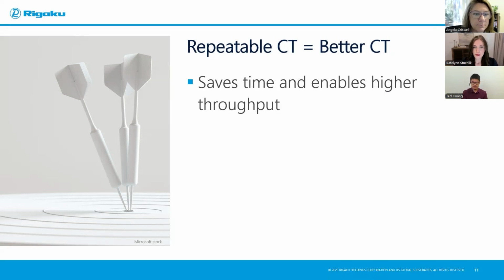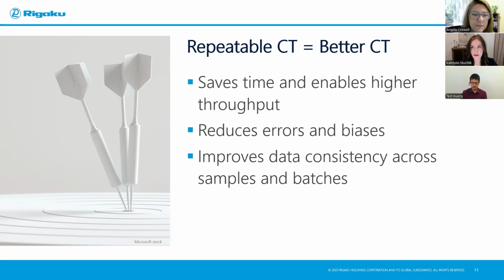In the long run, by performing repeatable experiments, this eventually can end up saving a lot of time and giving you higher throughput. Very importantly, it reduces error and perhaps the biases of individual users. And of course, the most important part is that it's going to improve data consistency across all of your samples and all of your batches. So it's very important to establish repeatability in your experiments.